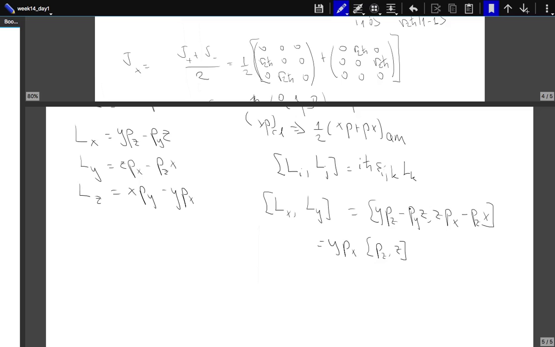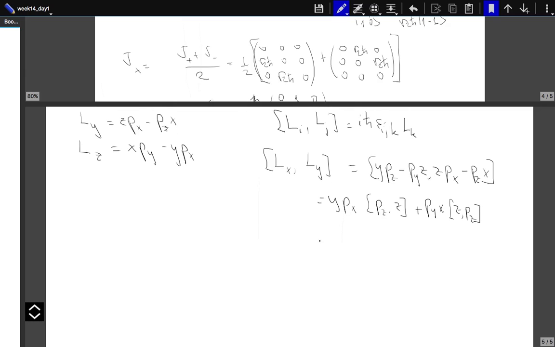The first term and the second term over here commute. The commutator of the second term here and the first term here also commutes. And then we have the commutator of the second terms, py and x, z, pz. These are the only two non-zero terms in our commutator.